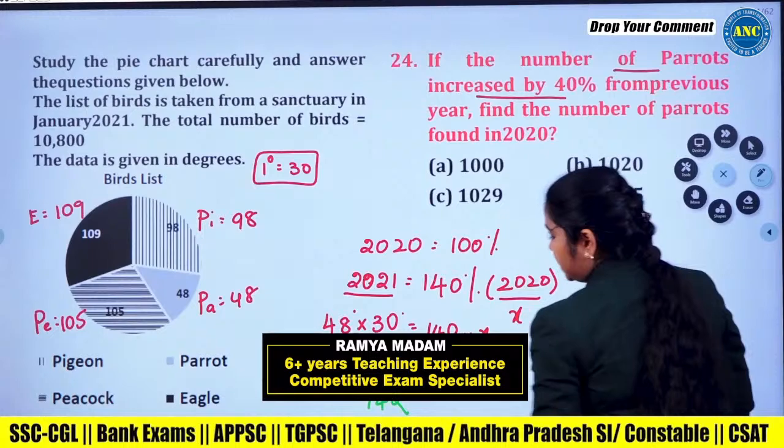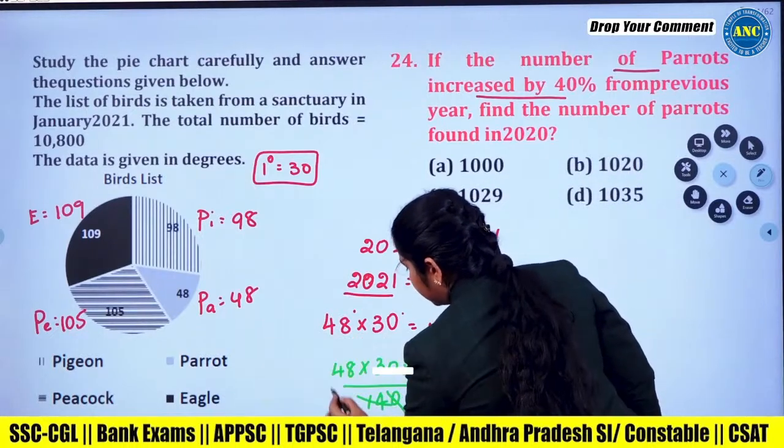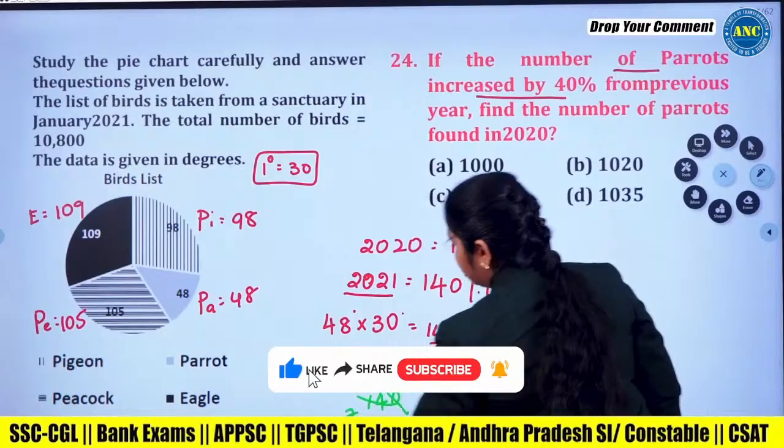If you take this 2, 7 times, 2 2s are 4, 2 4s are 8.